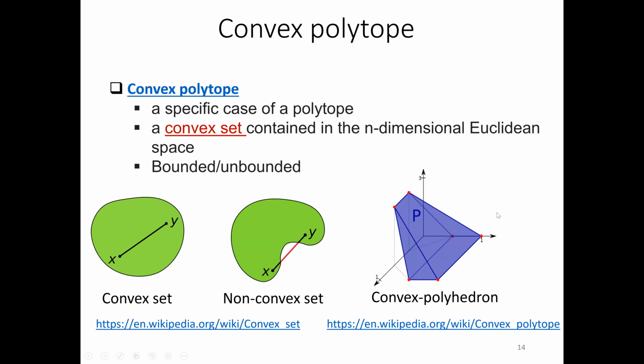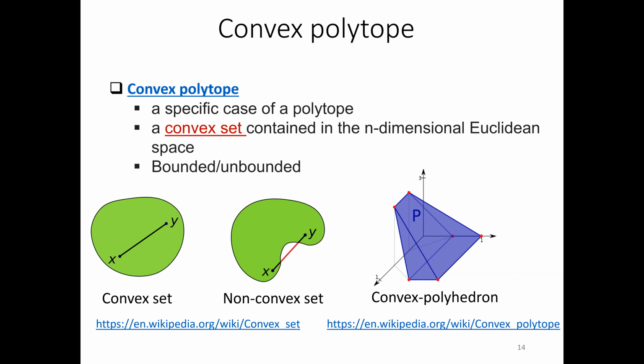So what is a convex polytope? In our class, we are going to consider only convex polytopes. If you have a non-convex polytope, you can split it into a union of convex polytopes, using a triangulation algorithm, for example.